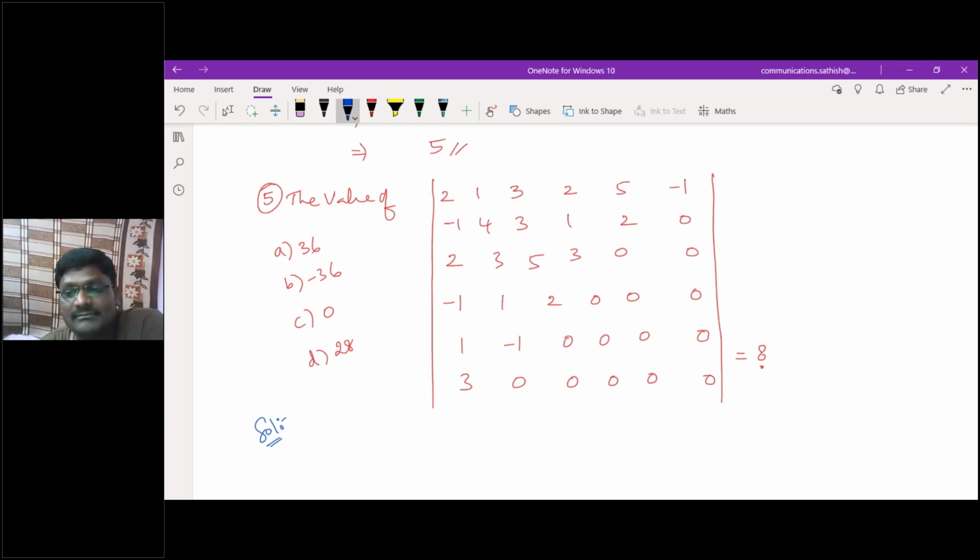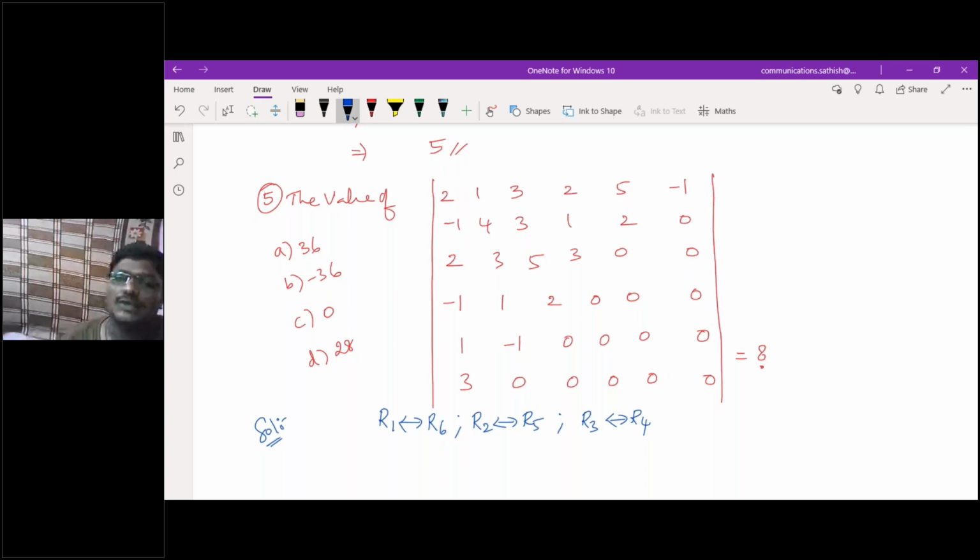what will happen? You can cross verify it. I'm just interchanging R1 with R6, R2 with R5, and R3 with R4. I'm just interchanging these three pairs.